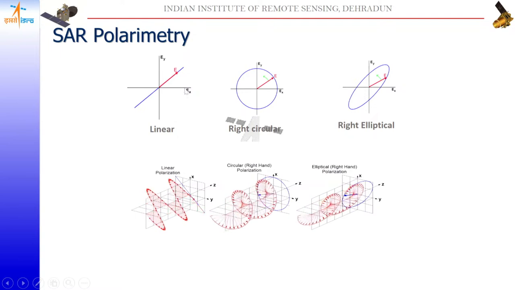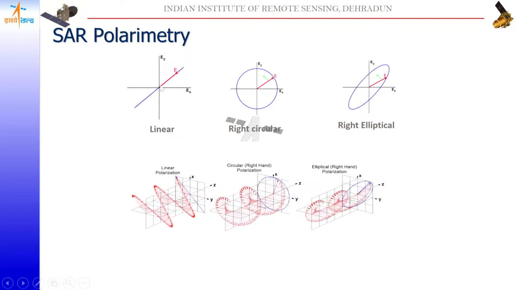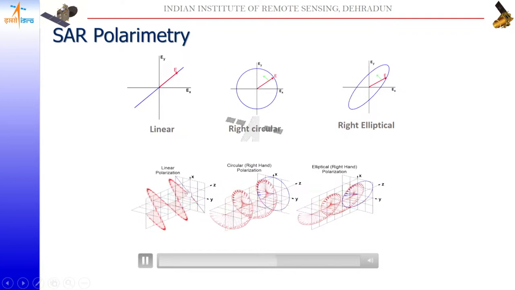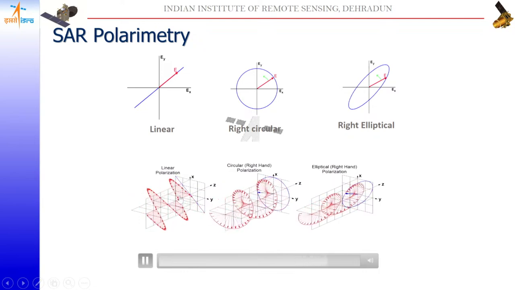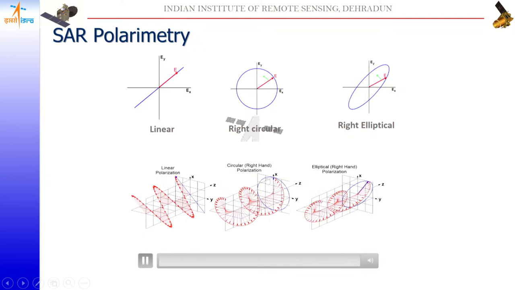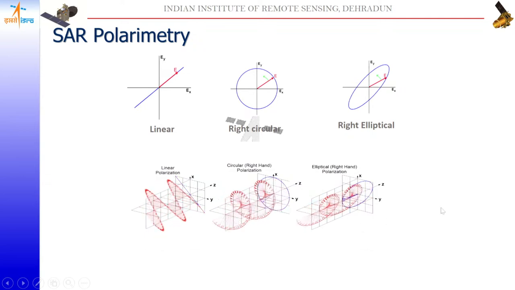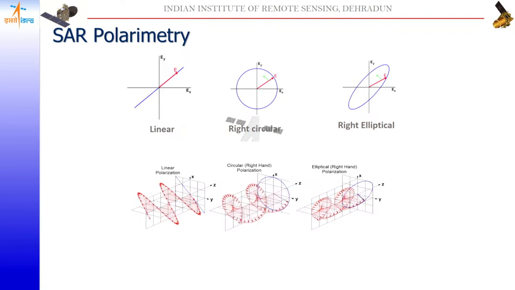So we can say here in this case, if this is an electric field vector, then this is the linear polarization. There is a simple line, the electric field vector's resultant line. So you can see in the linear polarization, with the propagation of the wave, it is in the xy plane, making a simple line. But if we are changing the phase between the H and V polarization, then it is actually making a circular or ellipse-shaped polarization ellipse.